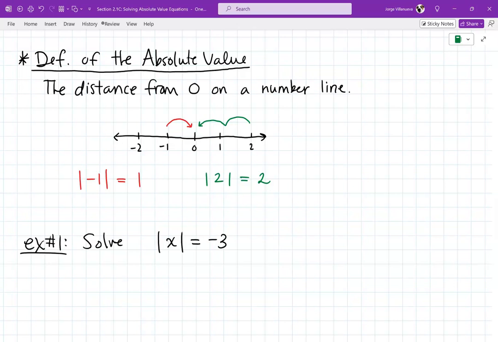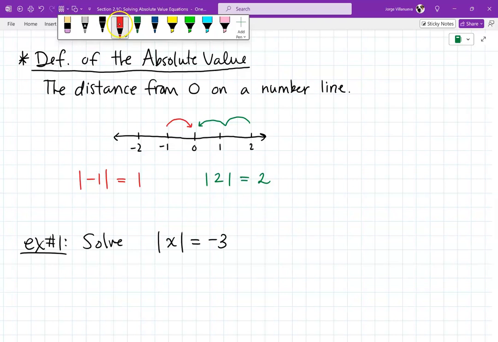Now they're saying the distance from x to 0 is negative 3. Does that make sense? No, distance can't be negative. I don't care what x is. Your absolute value can never equal a negative number, because the absolute value is distance, and distance should always be positive. So this right here, we're going to write no solution.